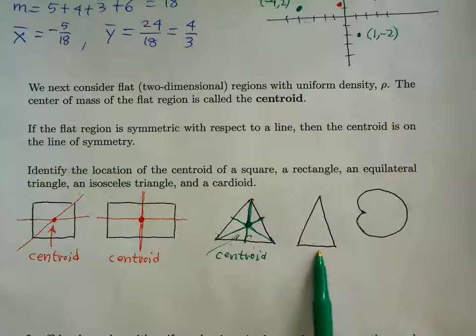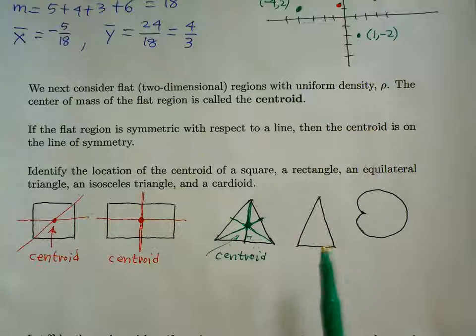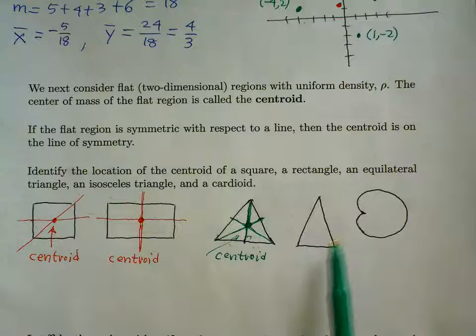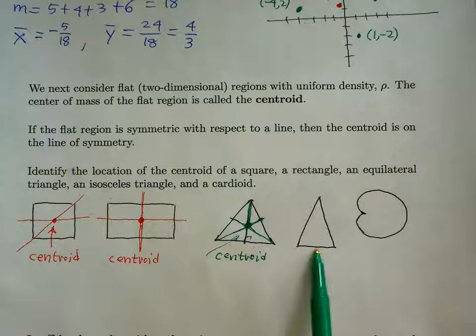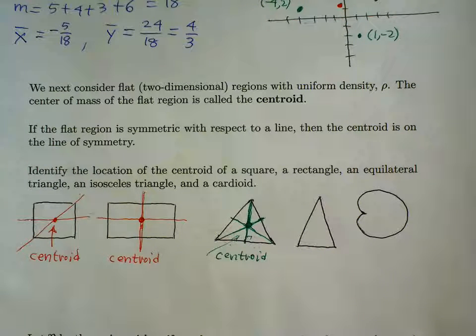Okay, an isosceles triangle is a triangle in which at least two of the sides have the same length. So if we have two sides that are the same length, but the third side has a different length, then what about the centroid of that isosceles triangle? How many lines of symmetry does this isosceles triangle have? It has just one.